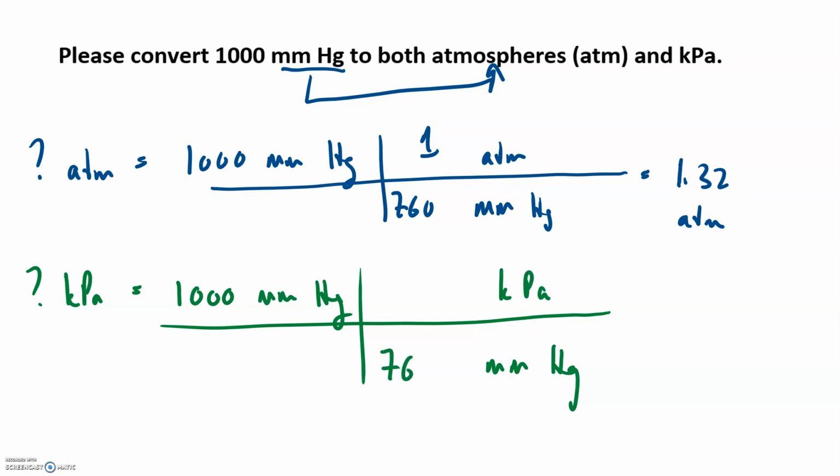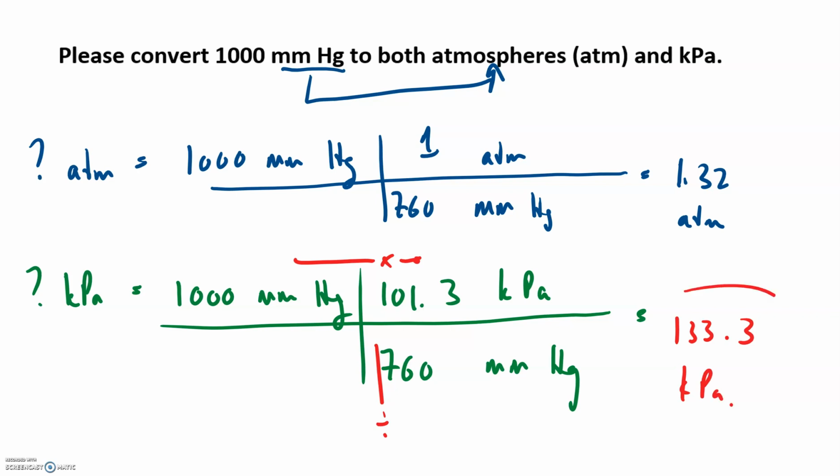You know that 760 millimeters of mercury is equivalent to 101.3 kilopascals. So we're simply going to multiply across the top and divide by the bottom. 1,000 times 101.3 divided by 760 is 133.3 kilopascals. And that's all I'm asking you to try.